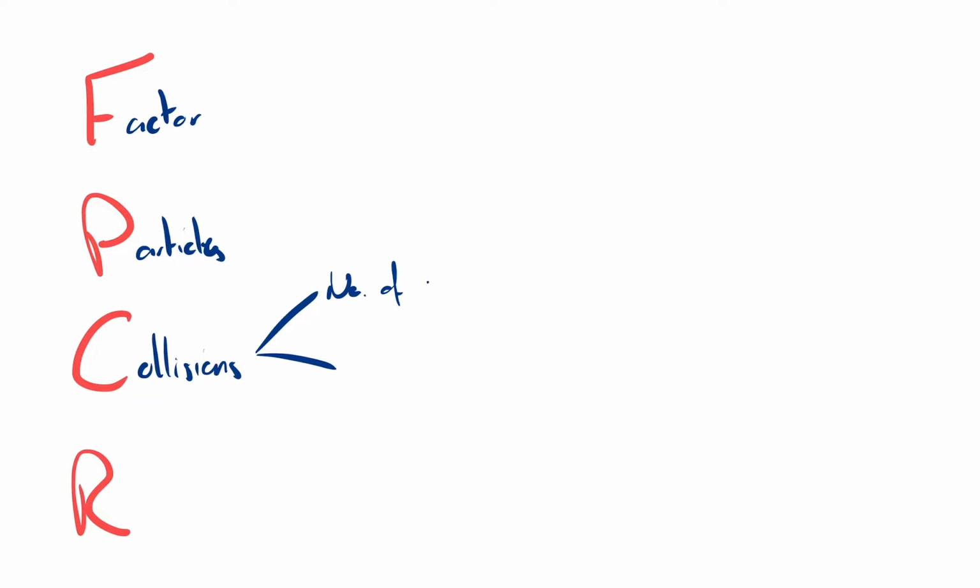So we think about the factor, the particles, so what effect the factor has had on those particles, the collisions, and there we think about 2 things within that. We think about the number of collisions and the force of those collisions. And then we think about what effects that has had on the rates.